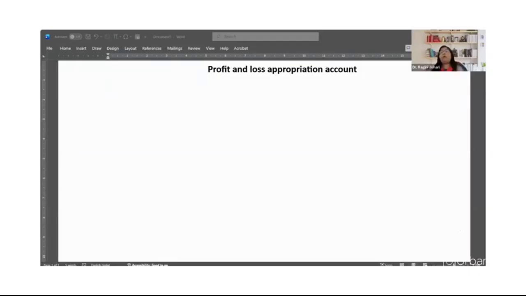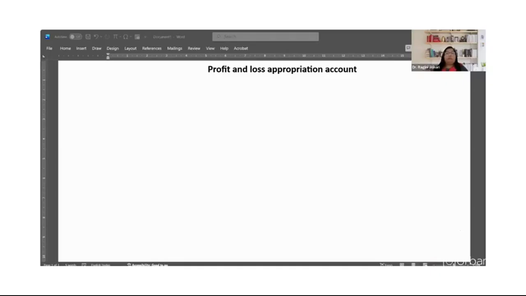This shows how the profits are appropriated or distributed among the partners. Thus, all the adjustments in respect of partners' salary, partners' commission, interest on capital, or interest on drawings, etc., are made only through this account. The starting point of this account is net profit or net loss as per the profit and loss account.